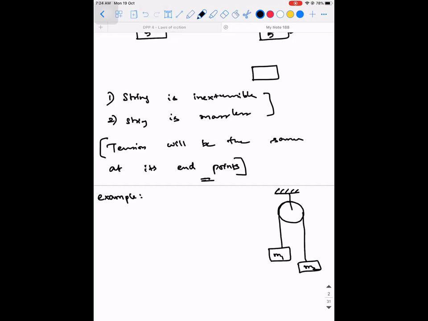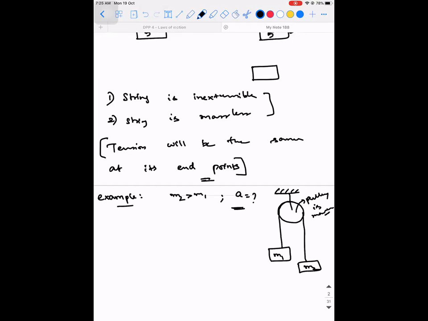Listen, there are two masses like this, assuming M2 is greater than M1. I'm asking you to find the acceleration of each block. Here, the pulley is also massless and it is frictionless.